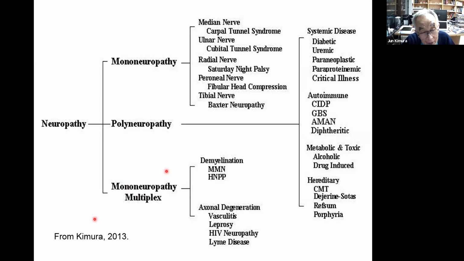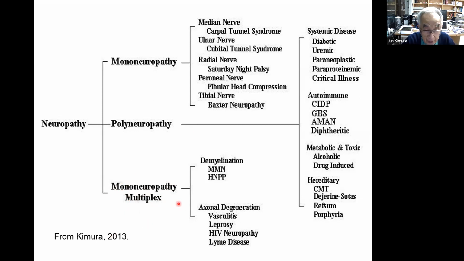At the end stage of mononeuropathy multiplex, if you just look at the patient, all the nerves are affected, and you say, well, this may be polyneuropathy. But if you take a history, you realize that this patient had median nerve 6 months ago, and then tibial nerve 2 months ago, and something else yesterday. So these are different timing. So one nerve at a time, many of them.